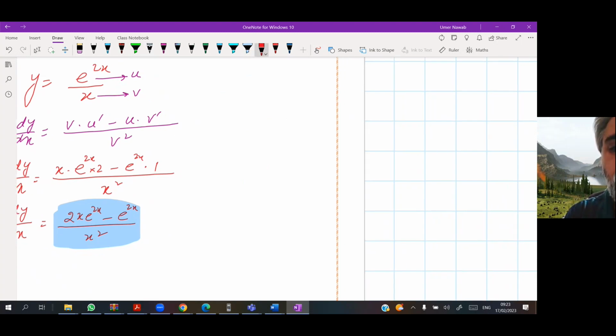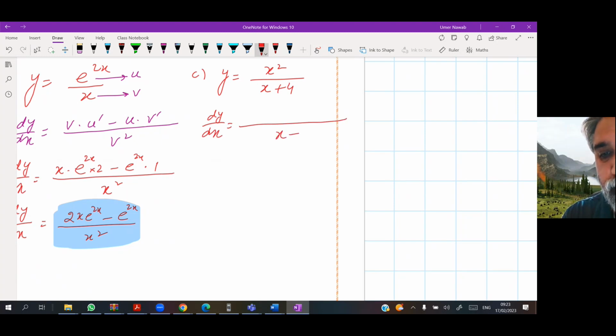Let's go to the C part now. C part is y equals x squared over x plus 4. Now I'm going to apply the quotient rule, dy by dx. So put a square on the denominator, x plus 4.